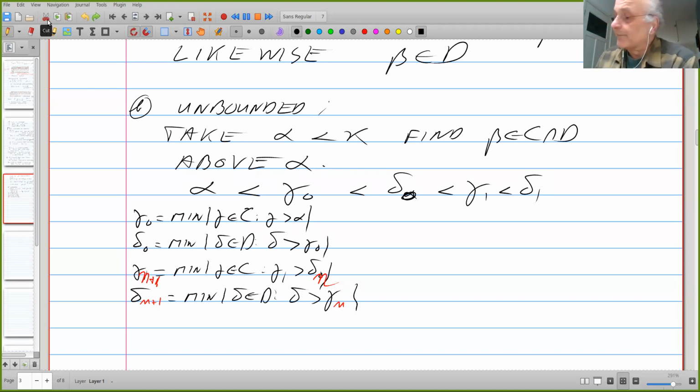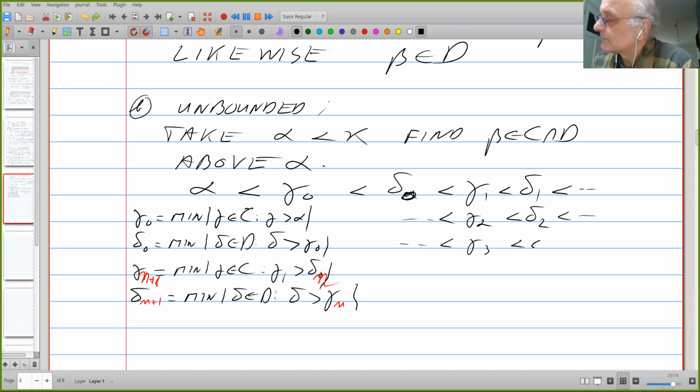Okay, so this is how this is going to pan out. We find an increasing sequence that visits C and D alternatingly. Gamma 0 is in C, delta 0 is in D. Gamma 1 is in C, delta 1 is in D, and so on.